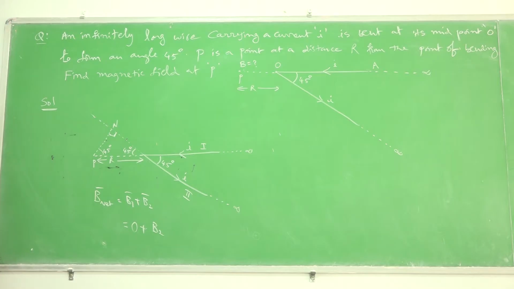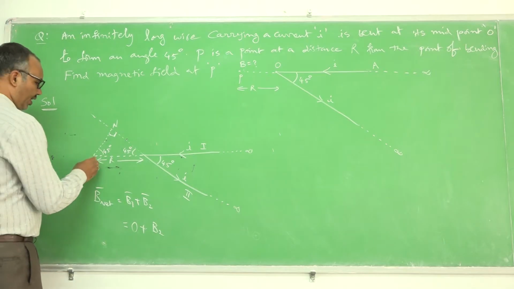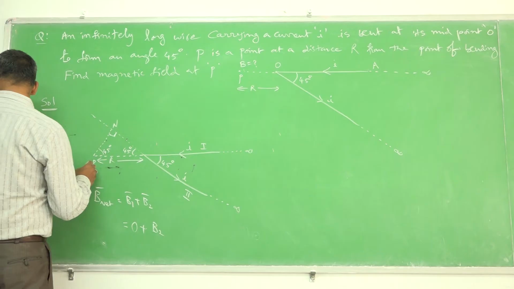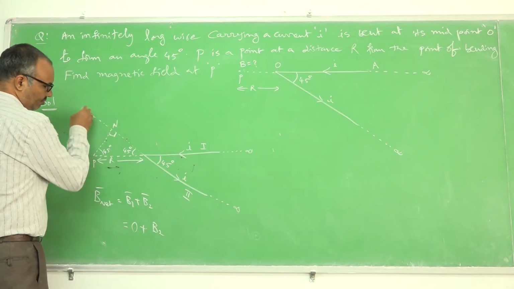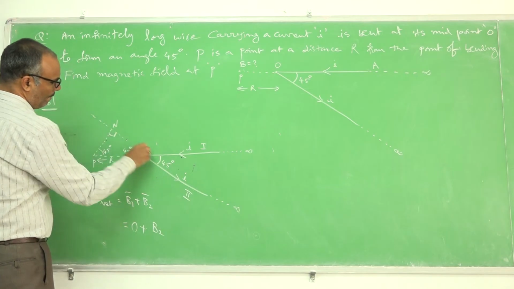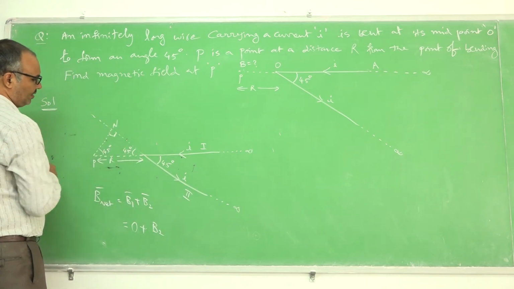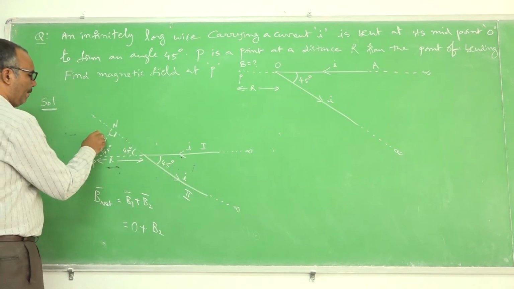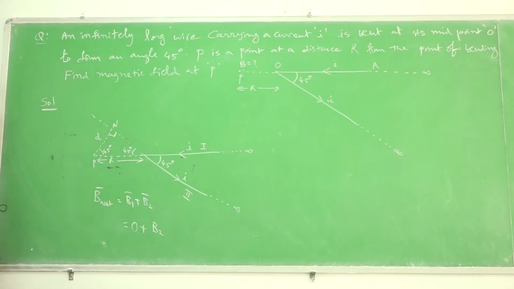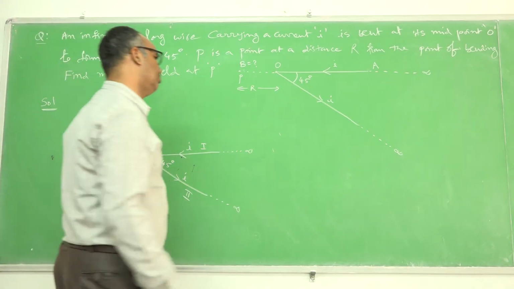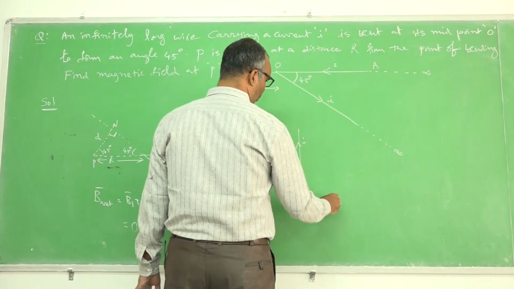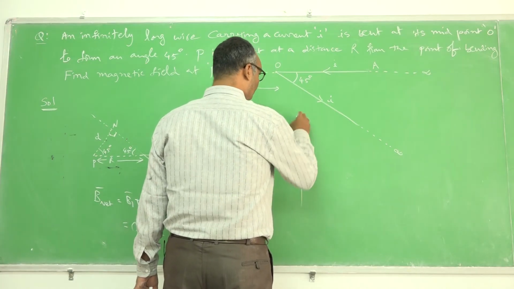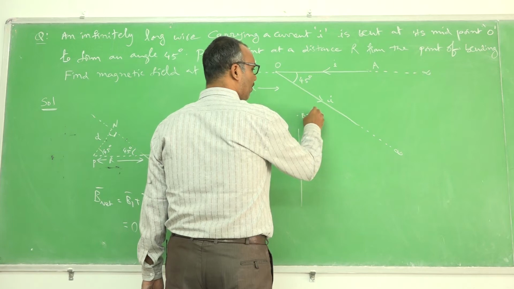Now, if I consider this point, this point is at a perpendicular distance from this line. This distance, let it be d. You know that if this is a conductor carrying current I, if the point is lying here, magnetic field is 0.